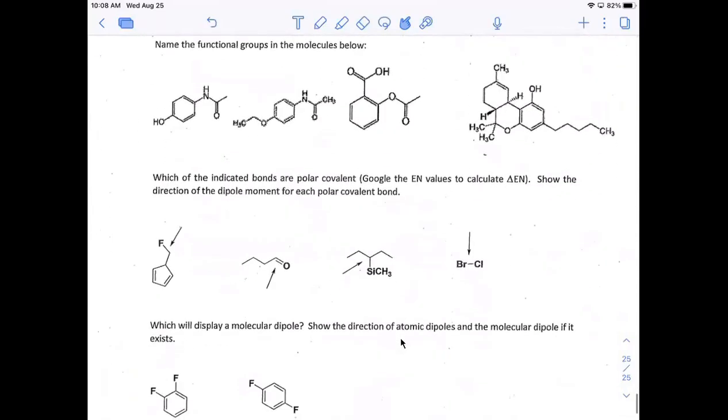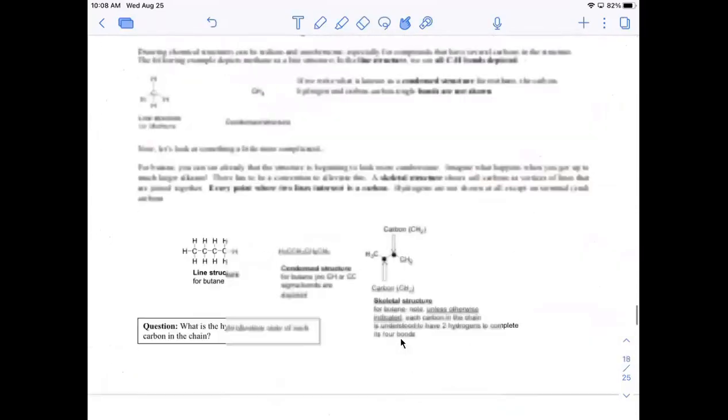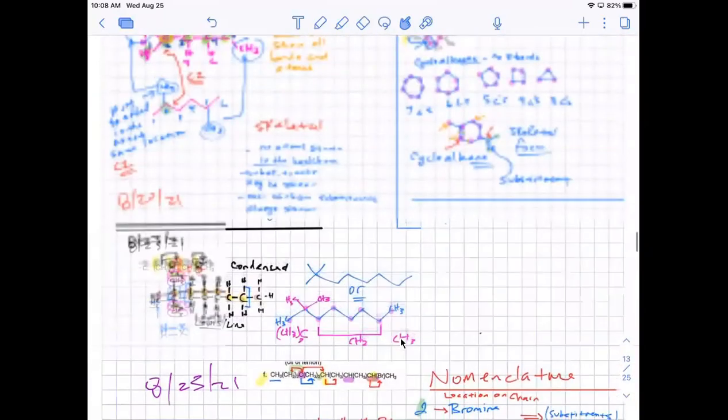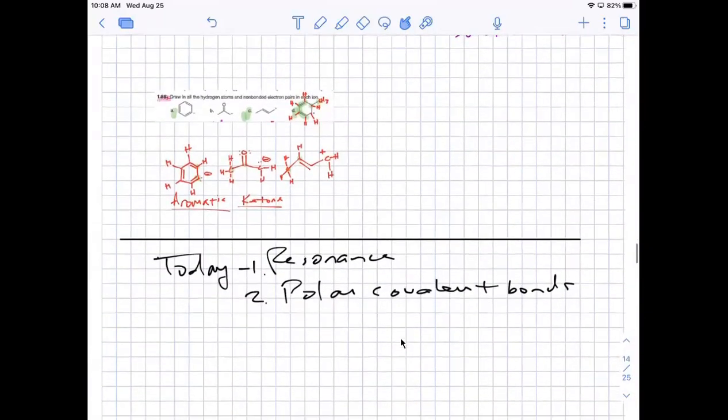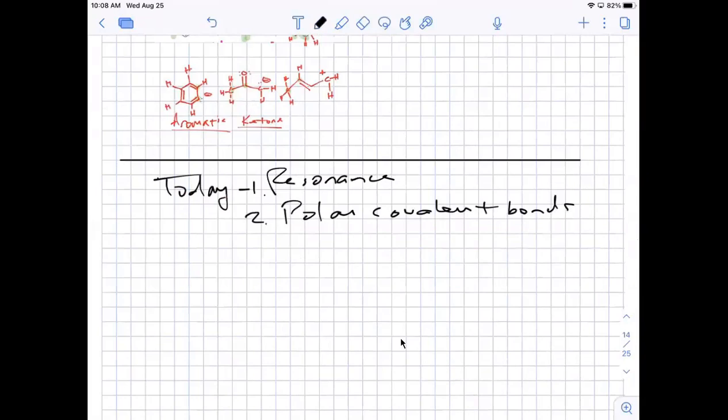This is kind of bleeding over into 1A, because the topics are very similar and they all build on each other. So we're going to talk about solubility and physical properties.